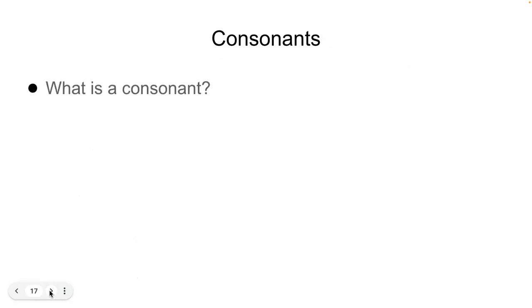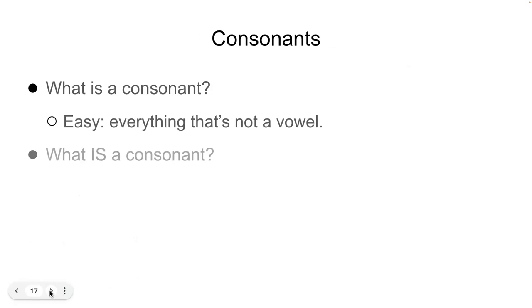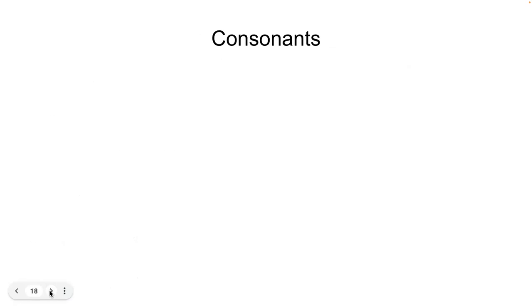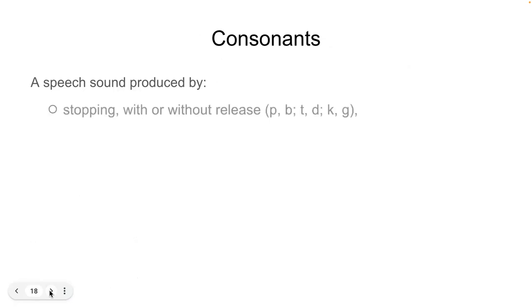Okay, now what is a consonant? Most of you would say, as I would, that a consonant is all the rest of the sounds that are not vowels, which is true. But a consonant is a speech sound that is produced by constricting the air that comes out of your lungs. And there are a few different ways that you can do that.